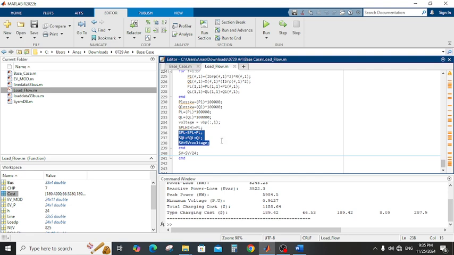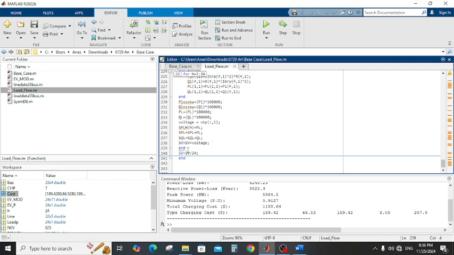This means that we calculated the accumulated power loss for 24 hours, the accumulated reactive power loss of each hour, and also the accumulated voltage of each hour.